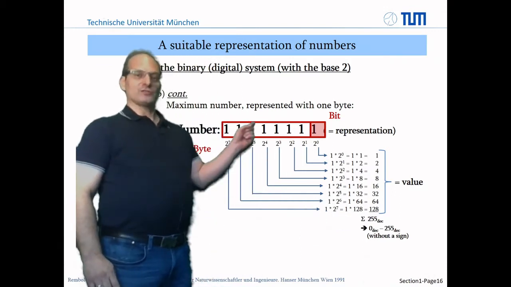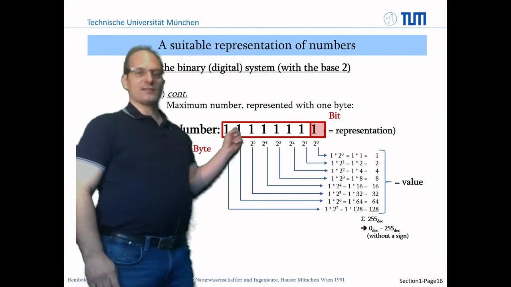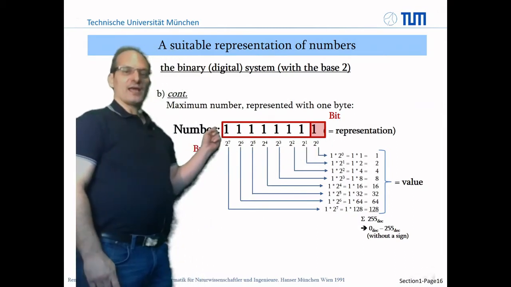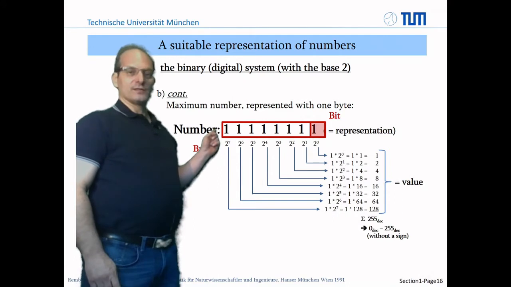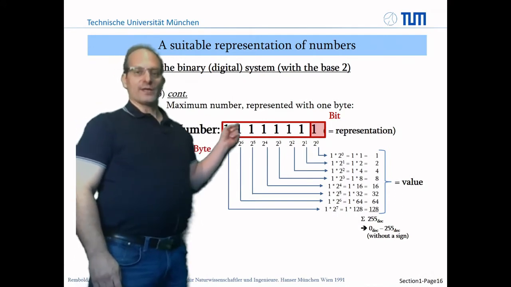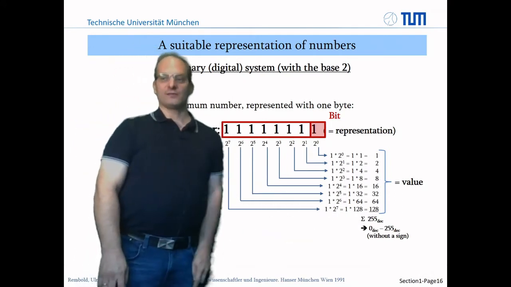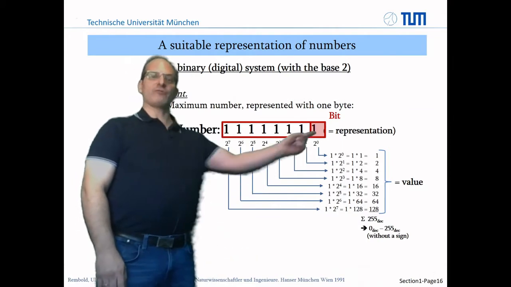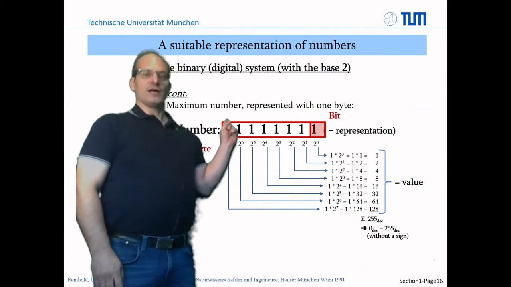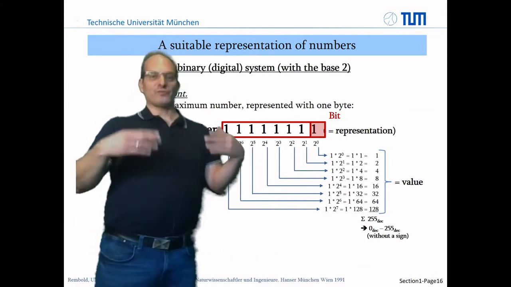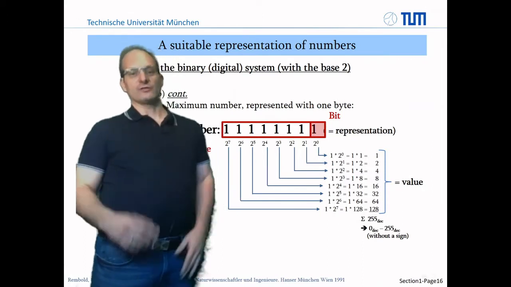You can also calculate this if you set this all to 0 and then the next to 1, and then you subtract 1 so that you also get this maximum number. So you can represent with this integer numbers from 0 to 255.